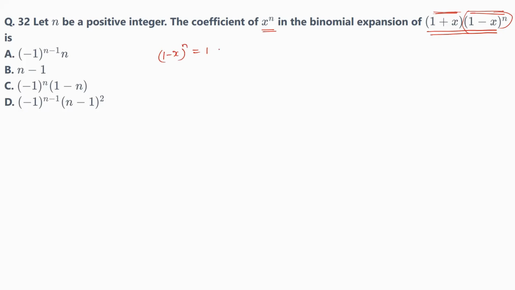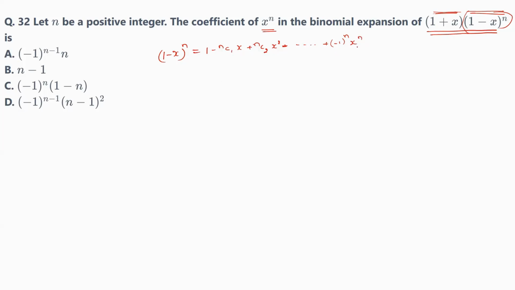How would that go? 1 minus nC1 into x plus nC2 into x square minus nC3 into x cube and so on, right? Plus in the end you will get (-1)^n into x power n, right?